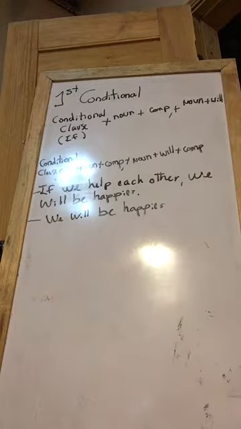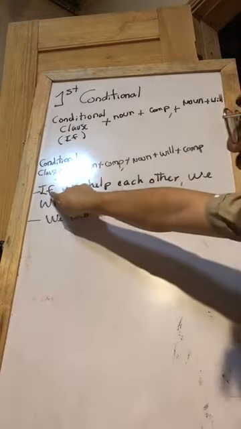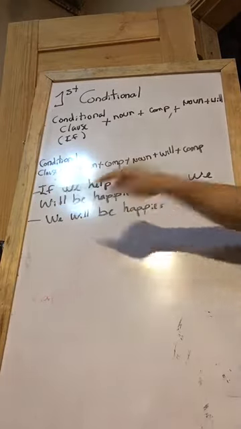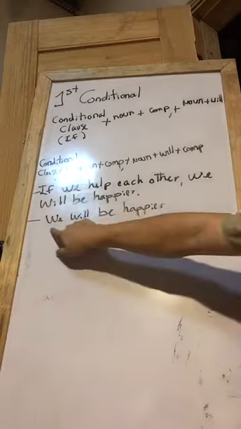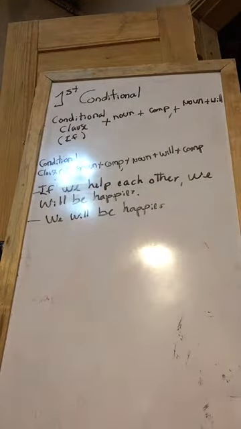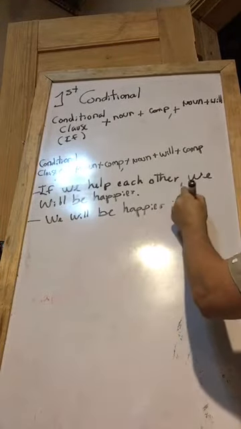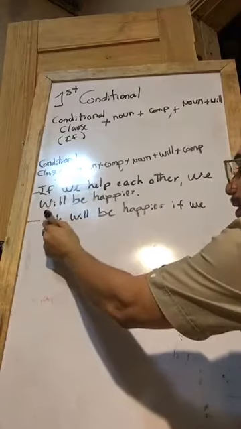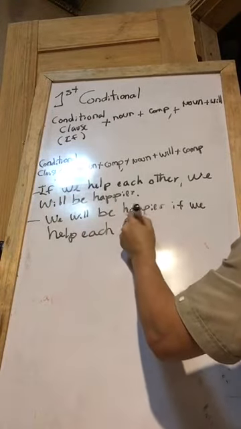We can take directions from the first formula, making the first with the first clause if, and then making the second with the second clause we will, because that's what we had later. Okay? We have, we will be happier if we help each other.